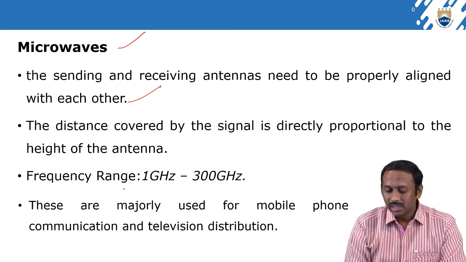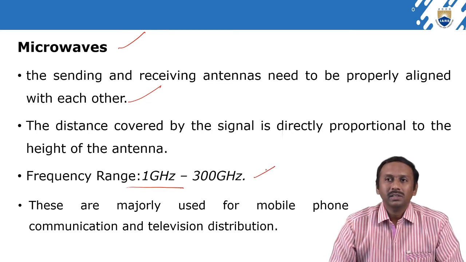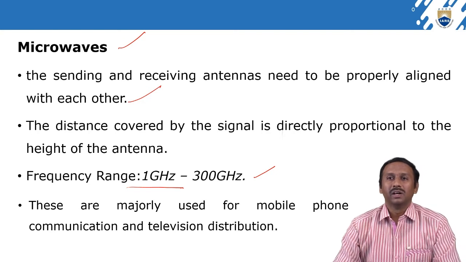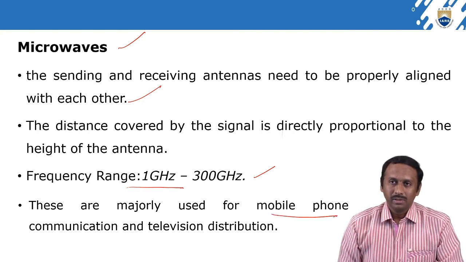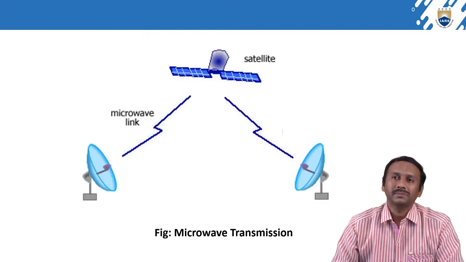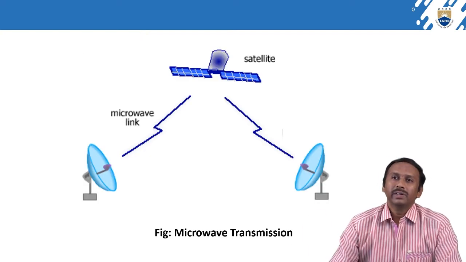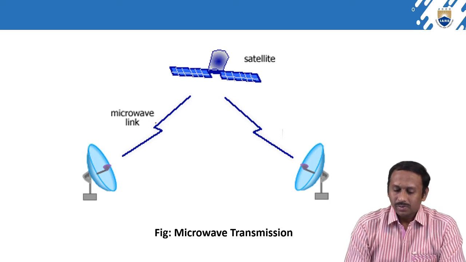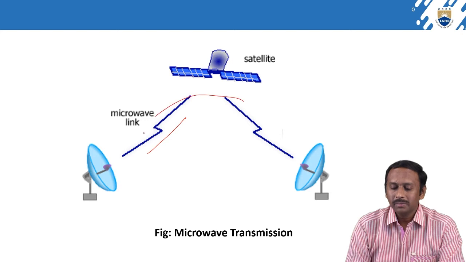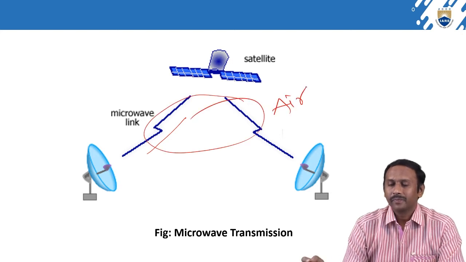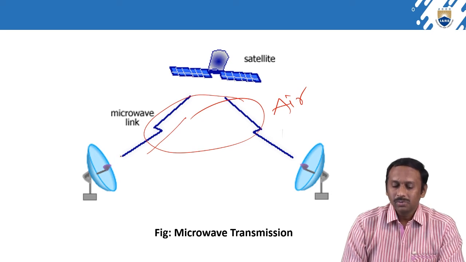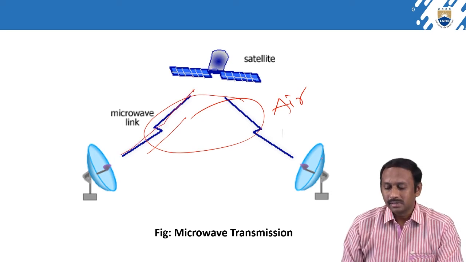Those frequency ranges are 1 gigahertz to 300 gigahertz. These are majorly used for mobile phones, communication and television distribution. This is an example. If you observe this figure, the microwave links are like this, and the medium here is air. From the satellite itself, the signals are transmitted.